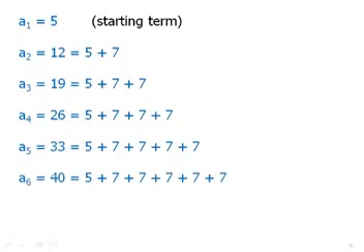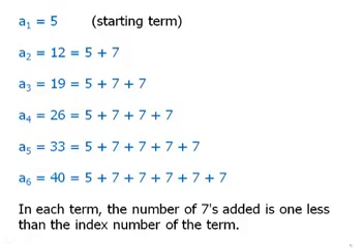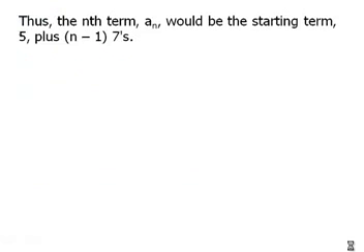And so what we have here is this stream of 7s. We have 5 plus a number of 7s. Notice that the number of 7s in each row, the number of 7s that we're adding, is 1 less than the index number. It's 1 less than the number on the list. In each term, the number of 7s added is 1 less than the index number of the term. This is a big idea.